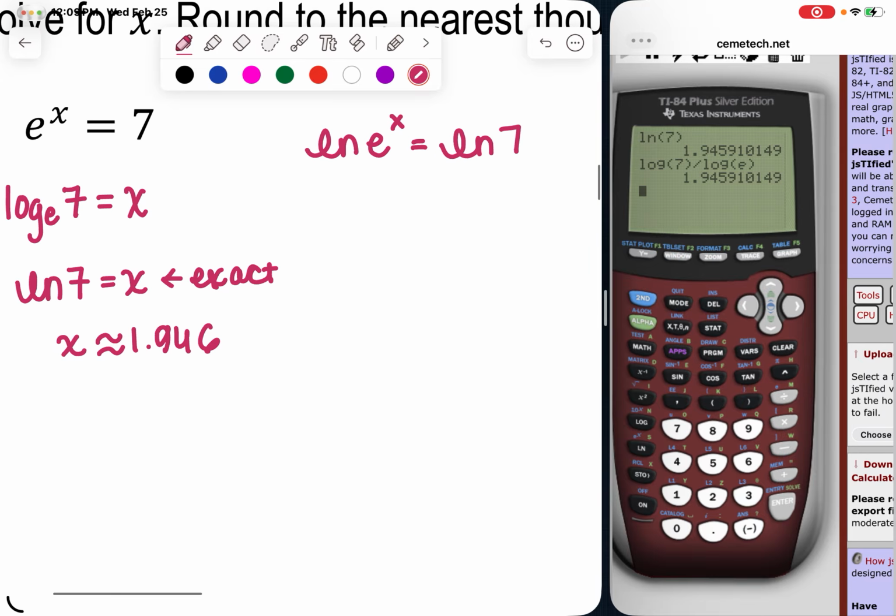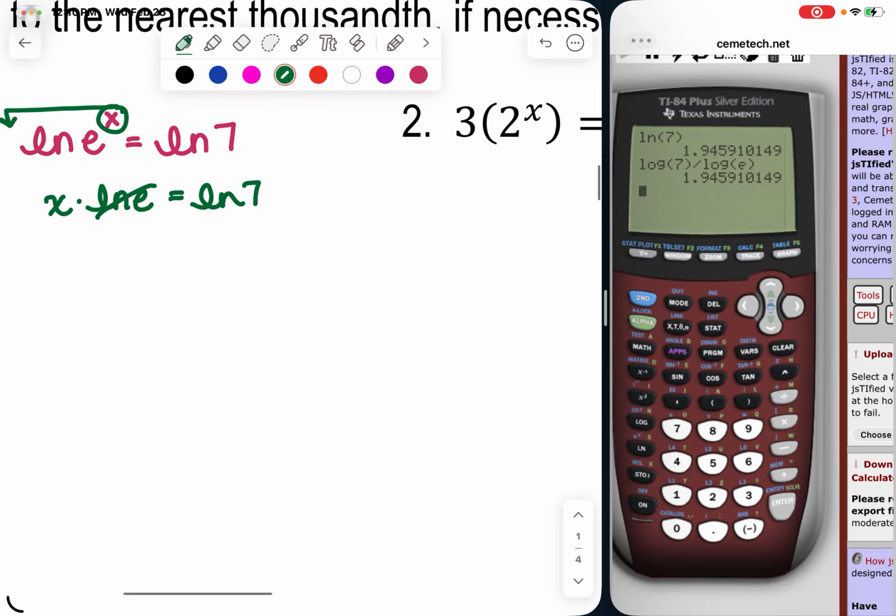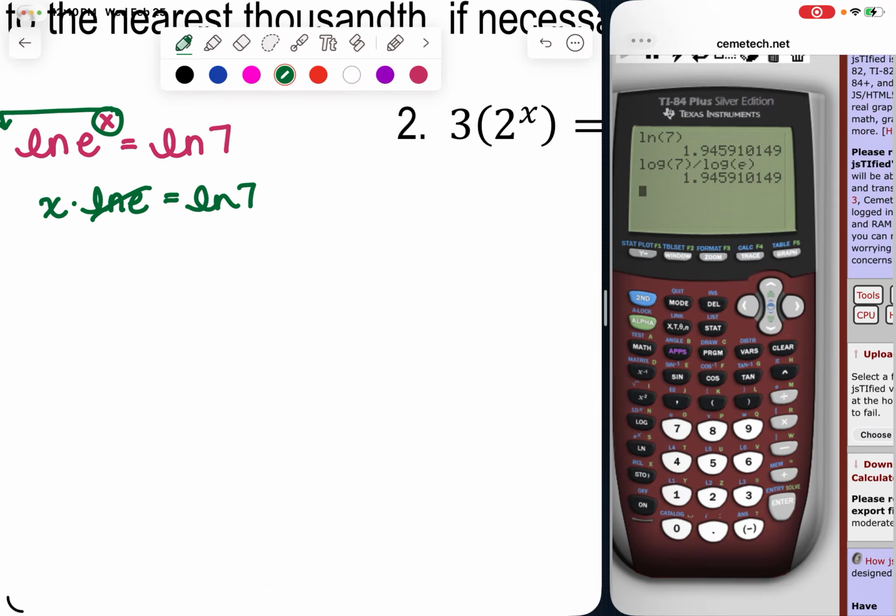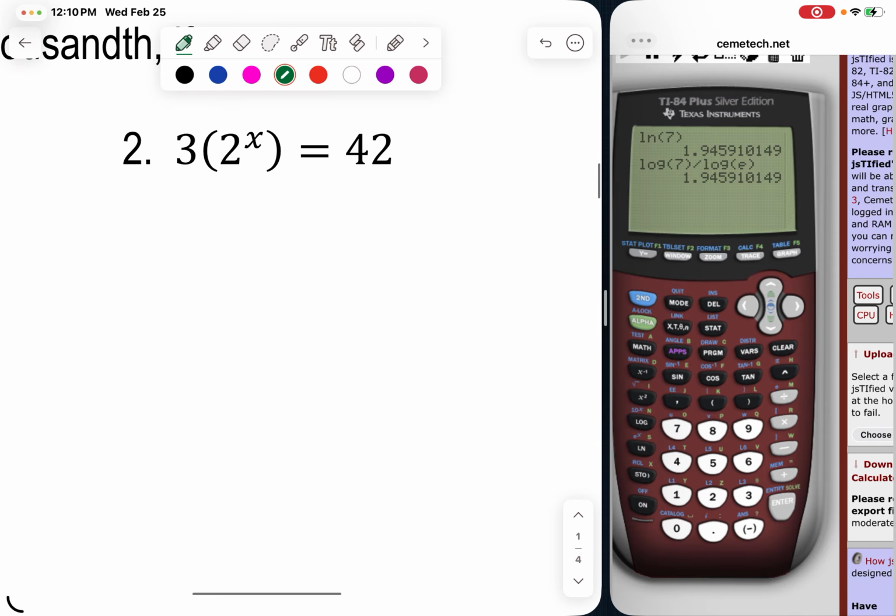And then we can use our property that says exponents you can bring in front of logarithms. So you have x times natural log of e, which is just 1, is equal to natural log of 7, so x is equal to natural log of 7, okay? Either way is fine. The first way is actually more effective in the long run. It's less steps. It seemed like this was easier, but when there's more steps, the first way is more effective. So that's the way I'm going to try to do, but I might switch it up at some points.